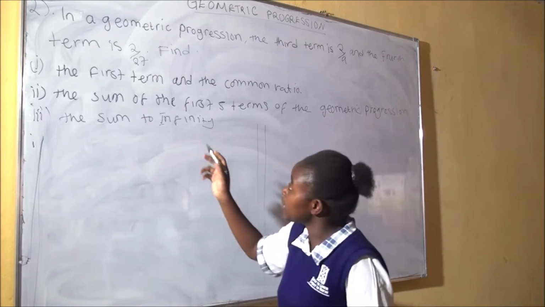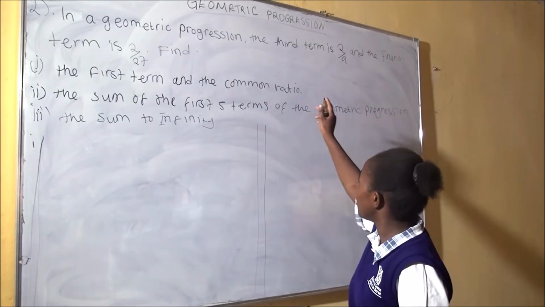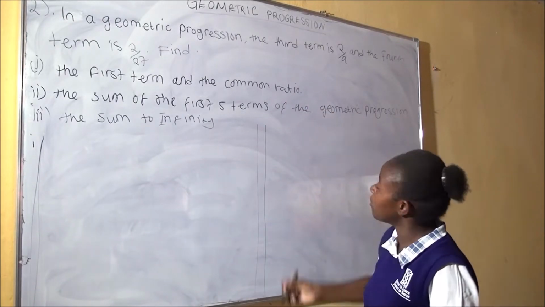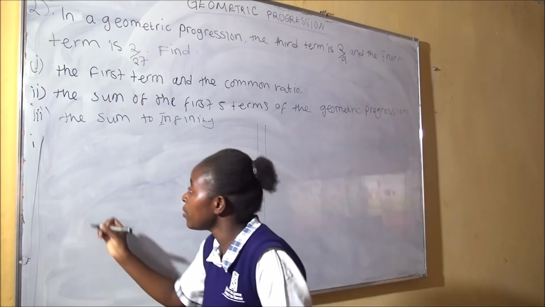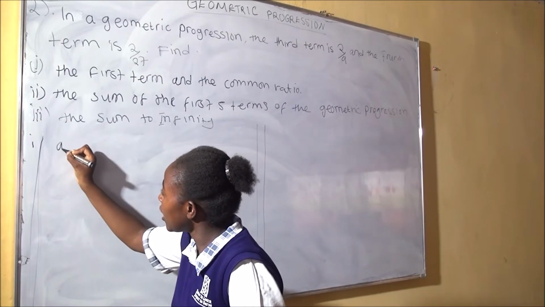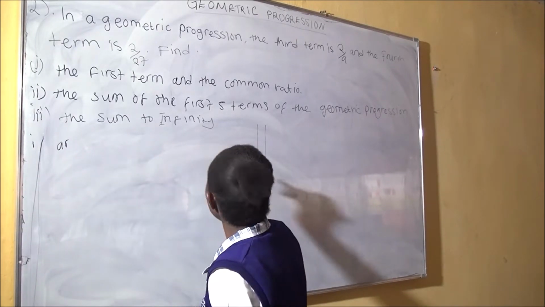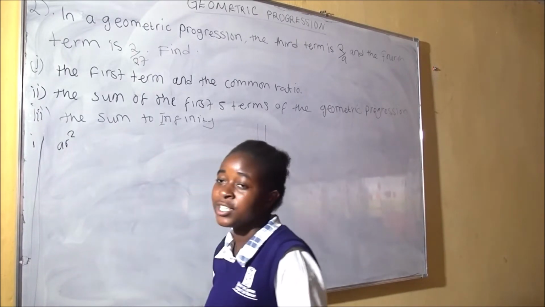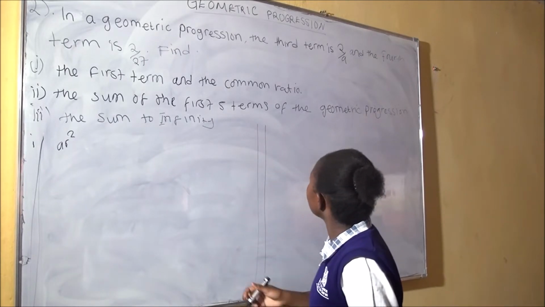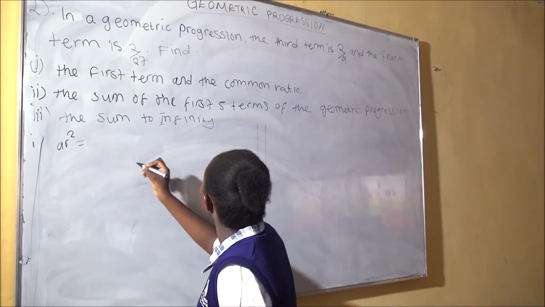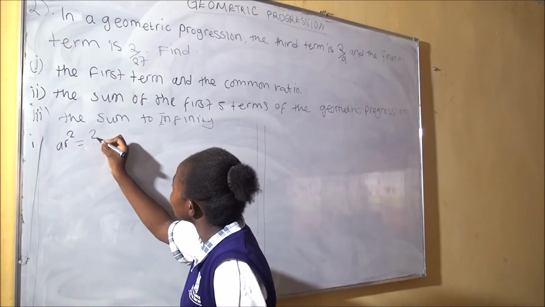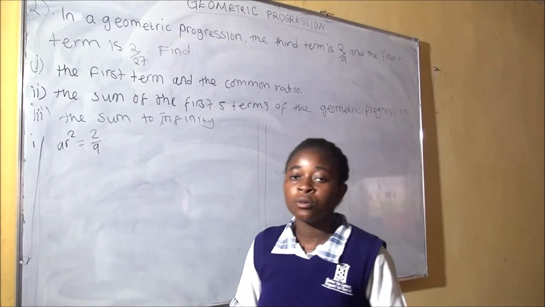So finding the first term, we have to list what we have here. The third term of the progression is 2 over 9. The third term is equal to a r to the power 2, which is 2 over 9.